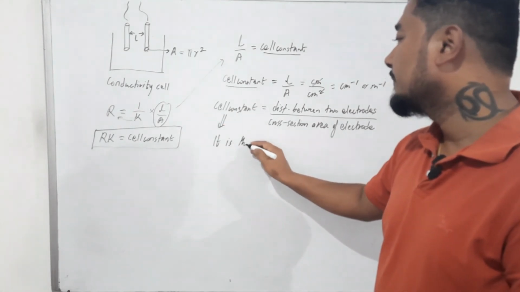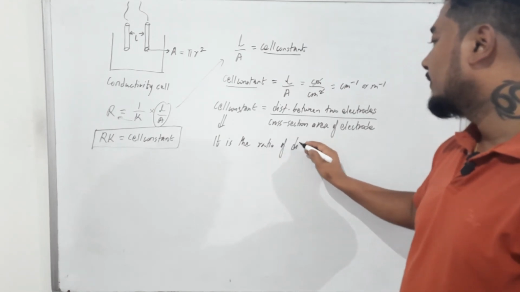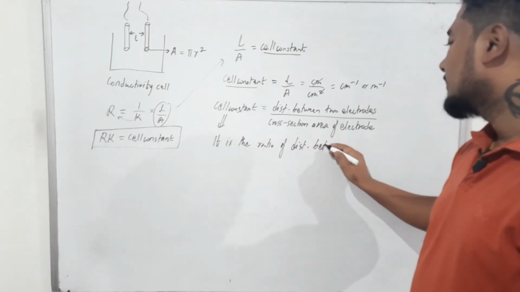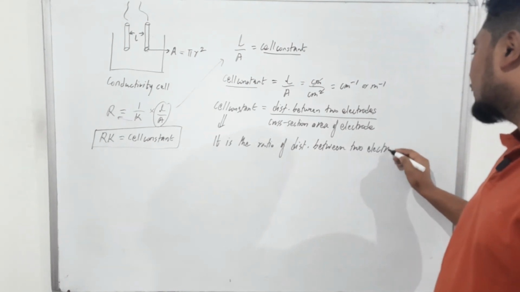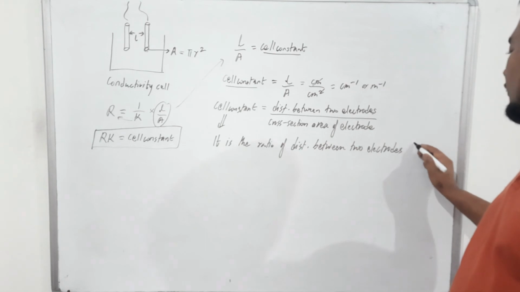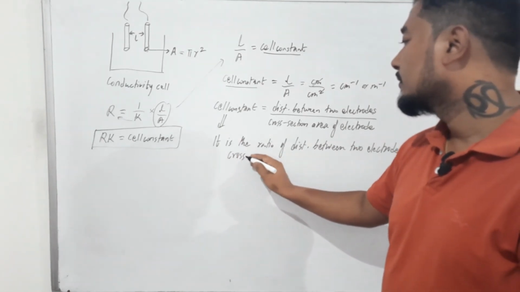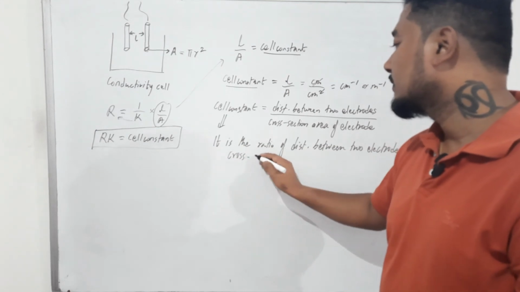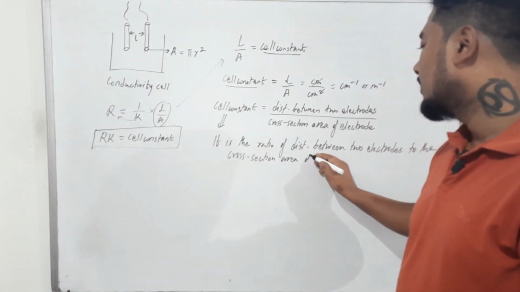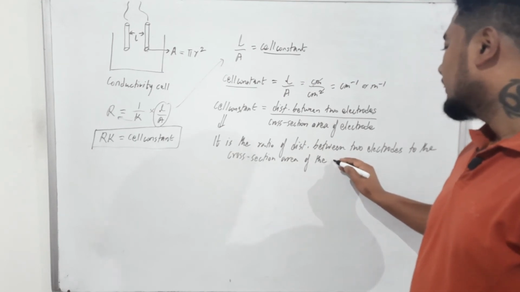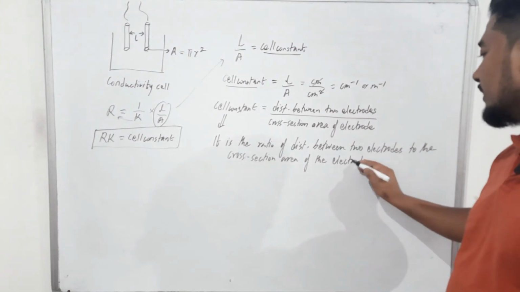So what is the cell constant definition? It is the ratio of distance between two electrodes to the cross-section area of the electrode.